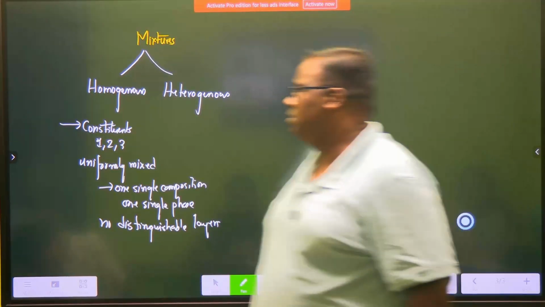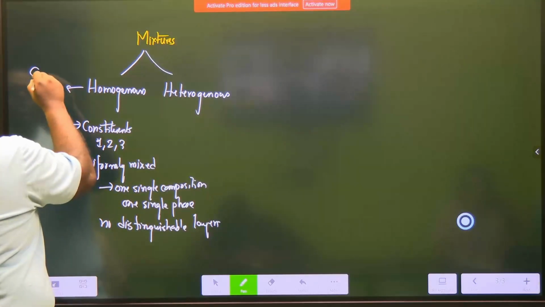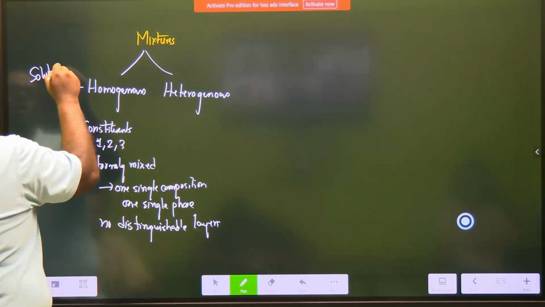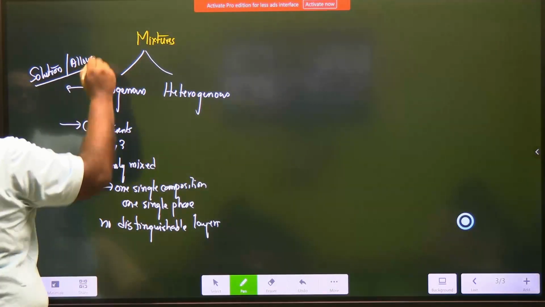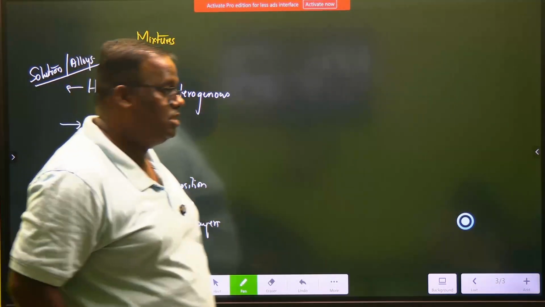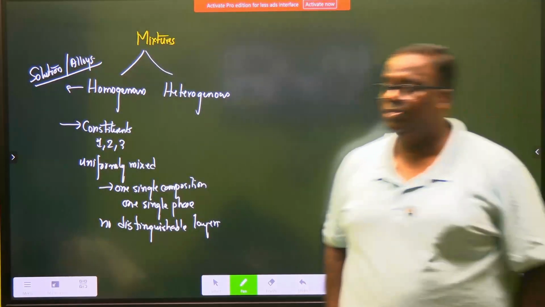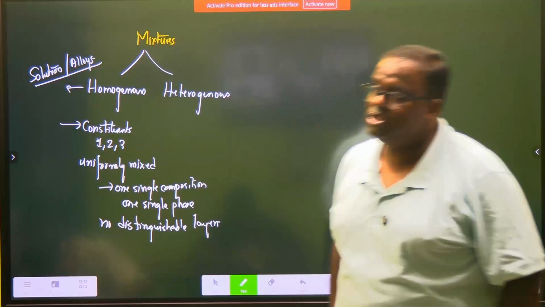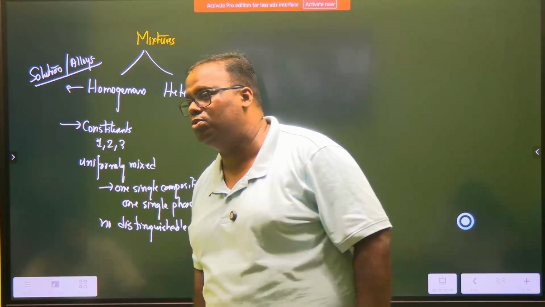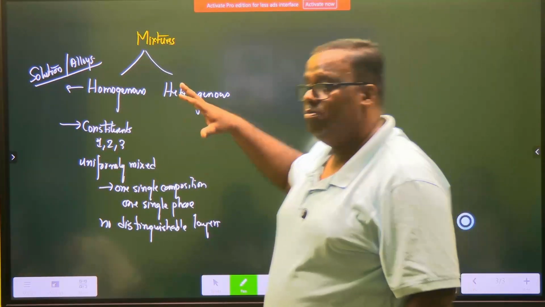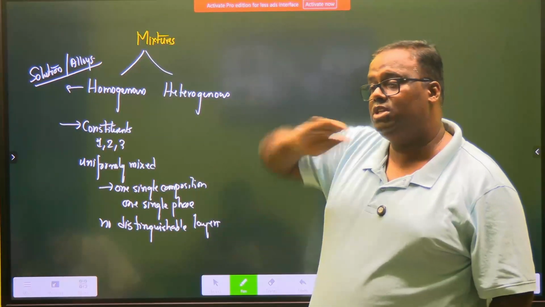A good example of a homogeneous mixture is a solution, and another is alloys. We will talk about both solutions and alloys. So let's first understand what is a homogeneous mixture. A homogeneous mixture is a mixture in which two or more constituents are mixed together in such a way that there is no distinguishable layer, and you see it in one phase.